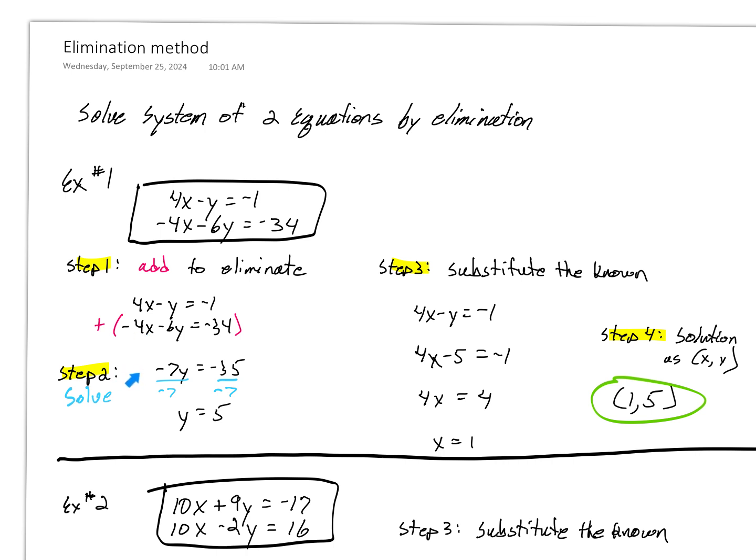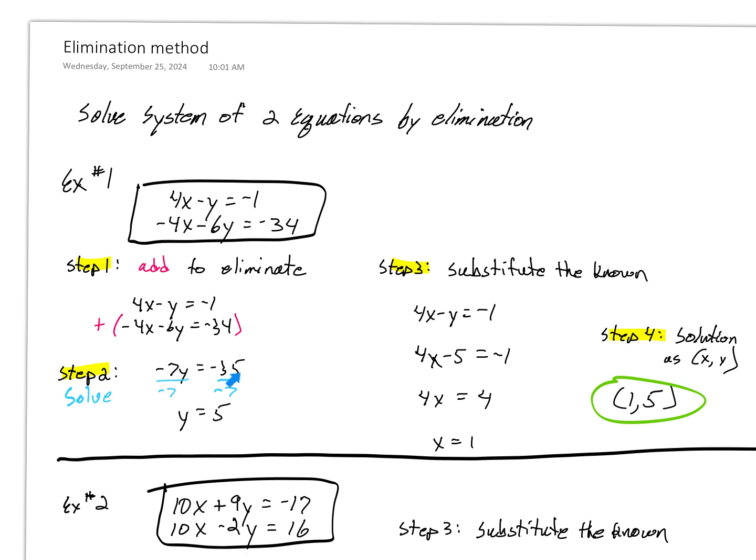They canceled. But then the y value, we have a -1 plus a -6, and that's -7y. And then with the constants, we have a -1 in the first equation plus a -34 in the second one, which gives us -35. So we have added these equations and eliminated the x.